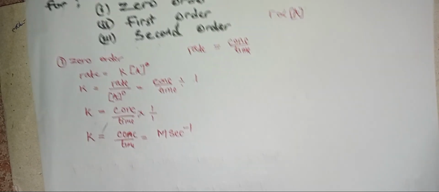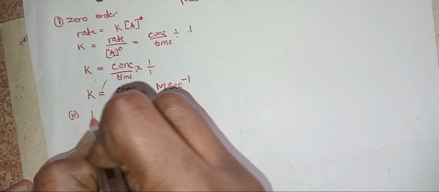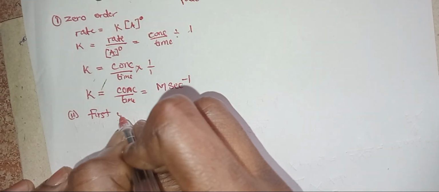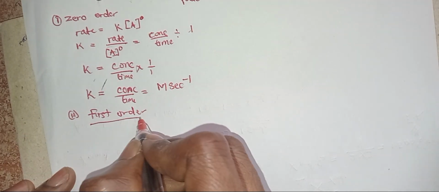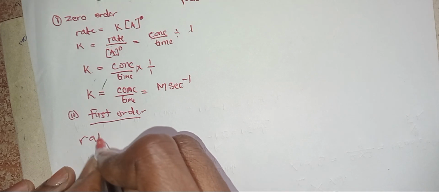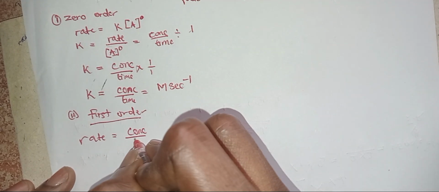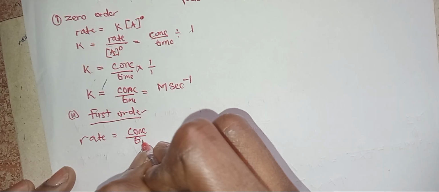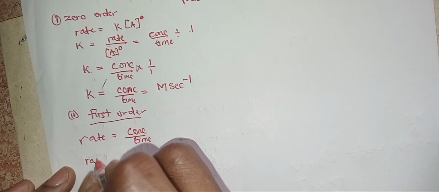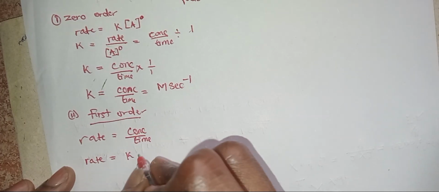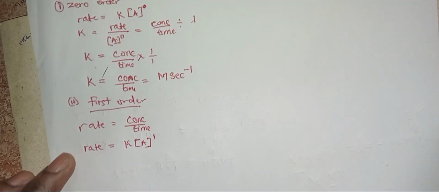So for the first order of reaction, the second one, you know that the rate should be equal to concentration upon time. We write the rate equal to concentration over time, and for proving it, the rate is going to be K, which is the constant, multiplied by concentration.